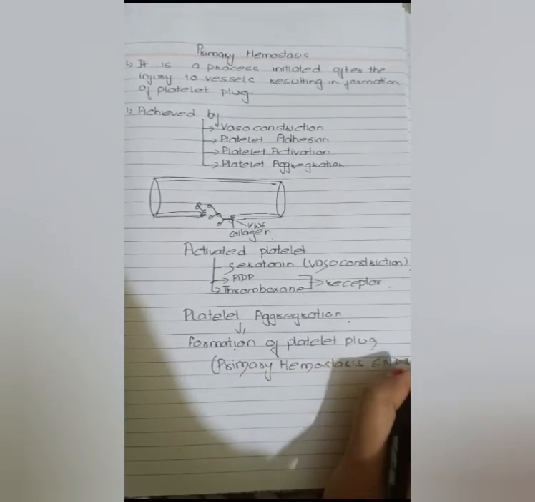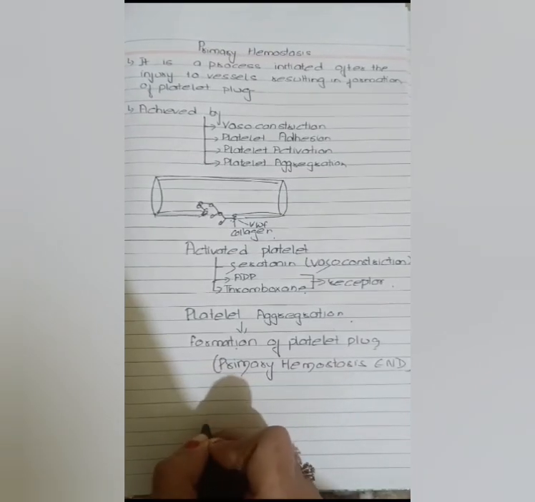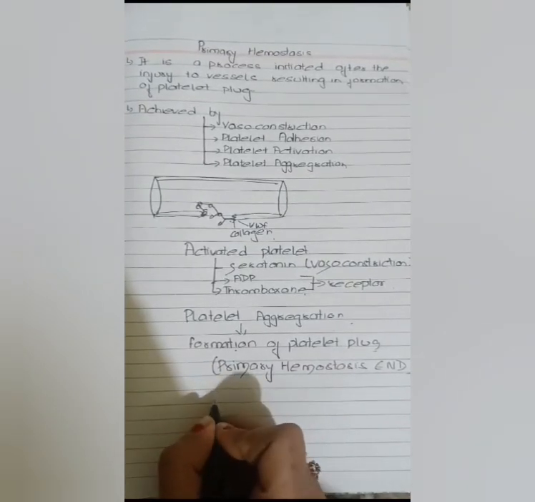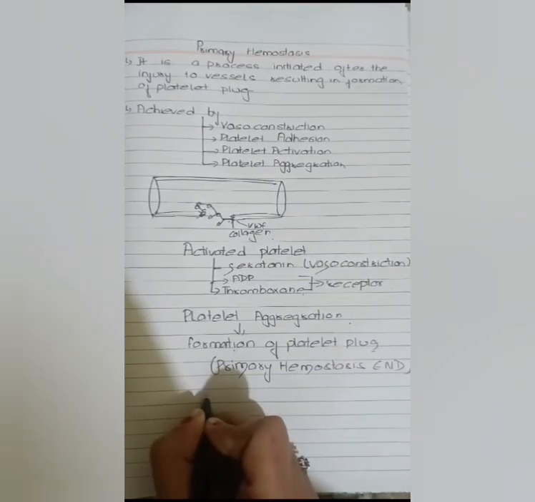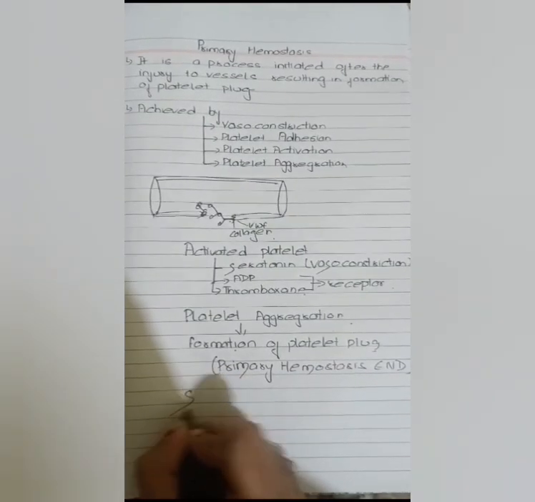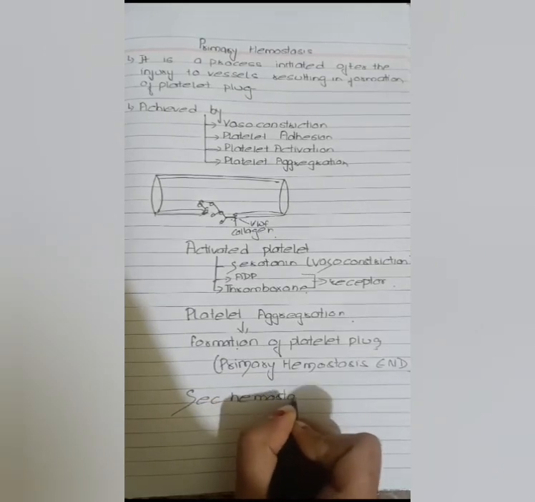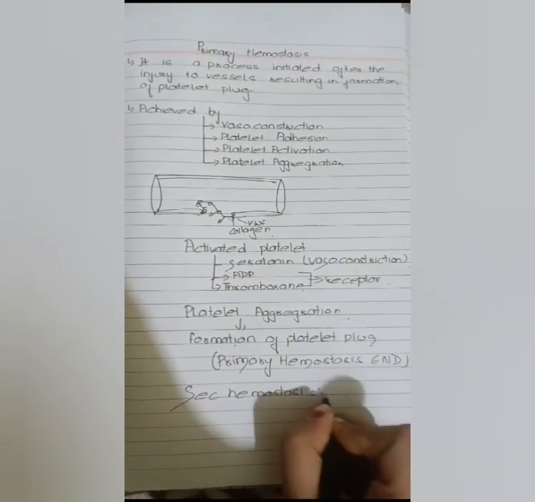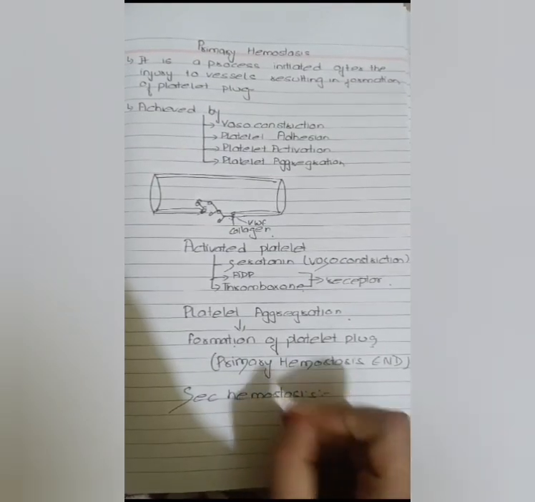The platelet plug acts like a weak and soluble barrier at the injury site, which cannot completely stop the leakage of blood from the injury site. So, secondary hemostasis is needed, where fibrin is produced to make the barrier strong and insoluble.